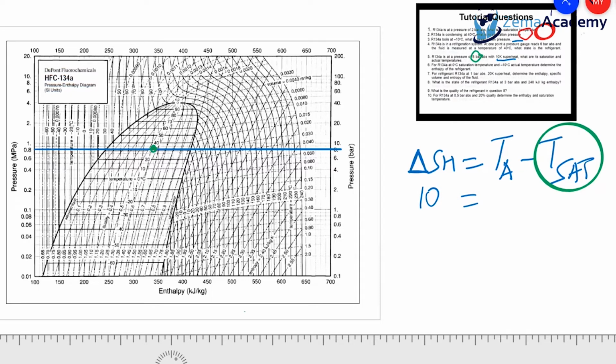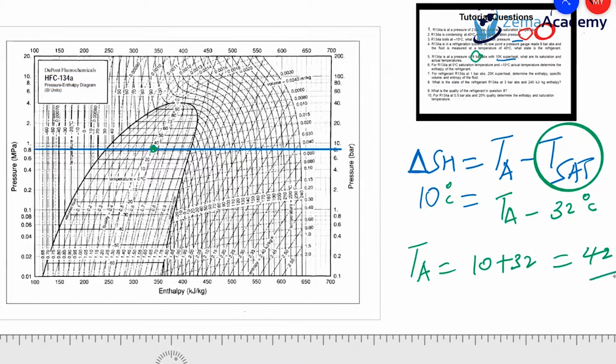What temperature do you think that is? Around 31, 32? It's slightly above 30. So we know our T sat, let's say 32 degrees C. So we can calculate our T actual: it's 10 plus 32, which is 42 degrees C.